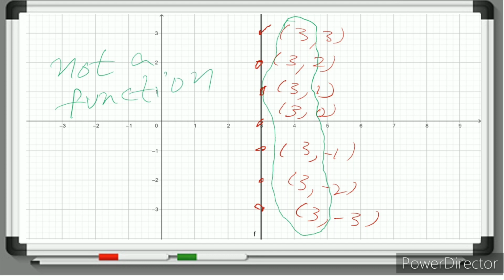If a line is straight and in a slant position, not vertical, then you can call it a function. But a vertical line is never a function, boys. This is not a function because the value of the x coordinate is the same. Now I will move to the next graph.